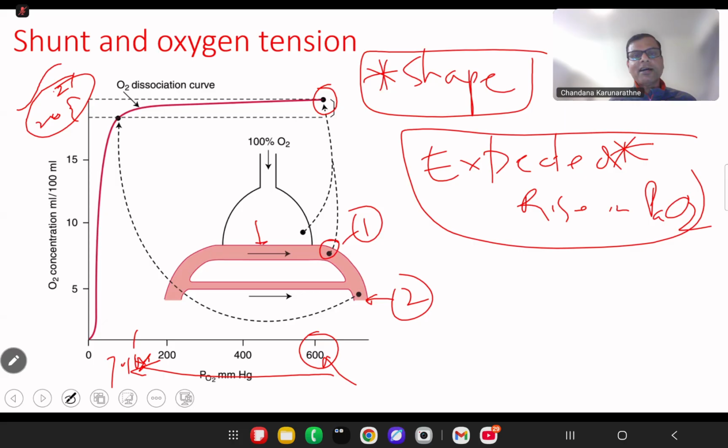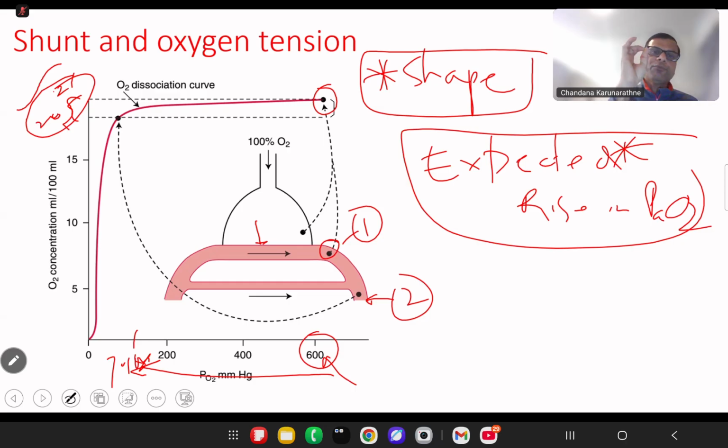Although these are common diagrams and common problems, by mentioning the right words you can quickly finish the answer with all the marks. Because of the shape of the oxygen dissociation curve, and with a slight reduction in oxygen content with the shunted blood, slight reduction in oxygen content.